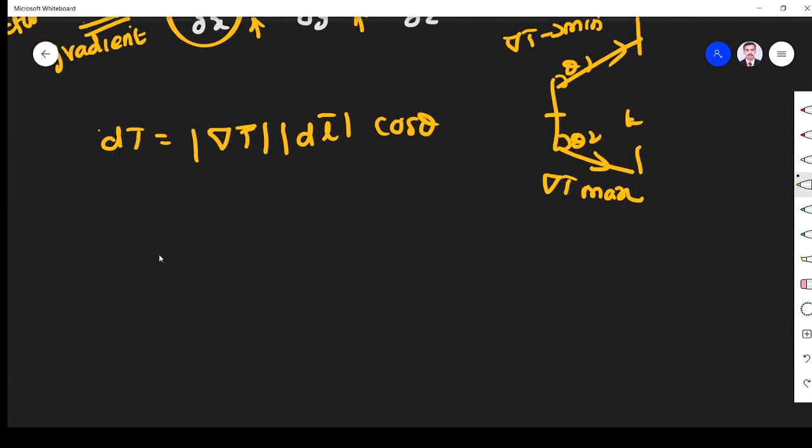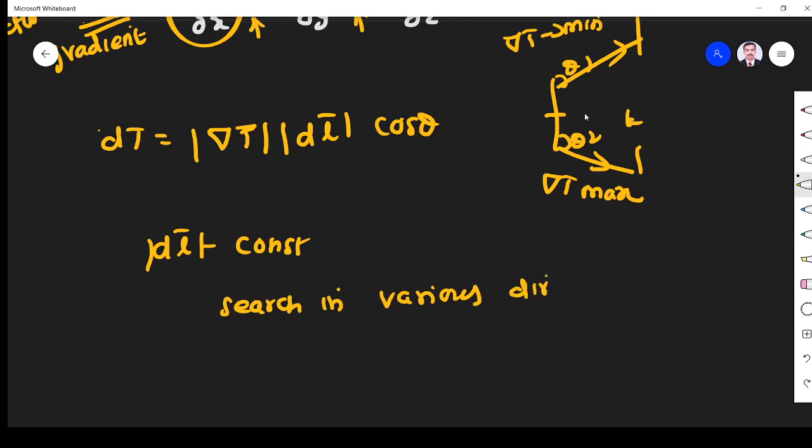Suppose we fix the displacement as a constant. Mod dl is a constant, right? So if you keep this constant, the magnitude of the displacement is constant, and search in various directions to find the maximum change in temperature.